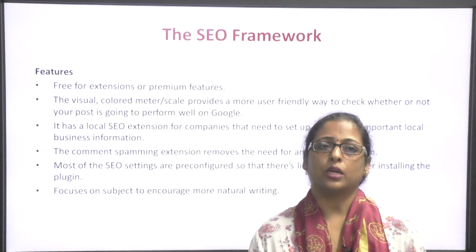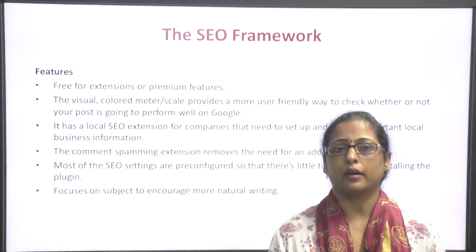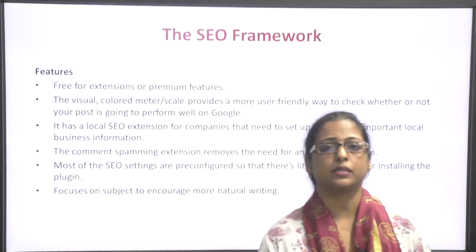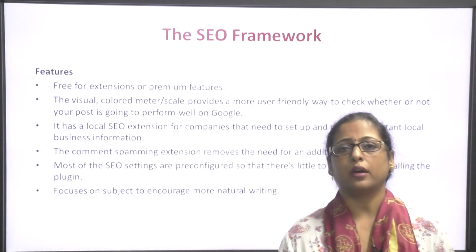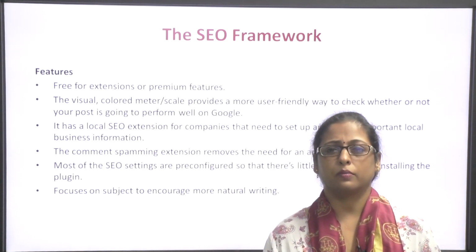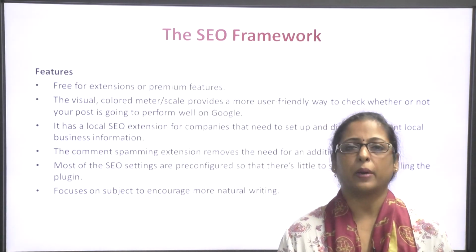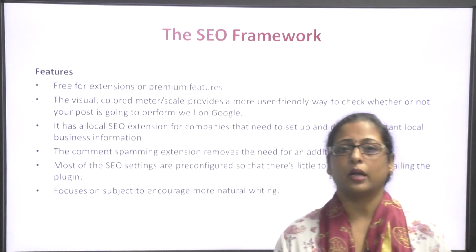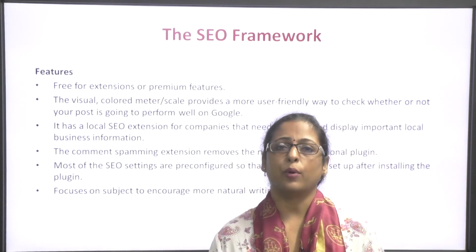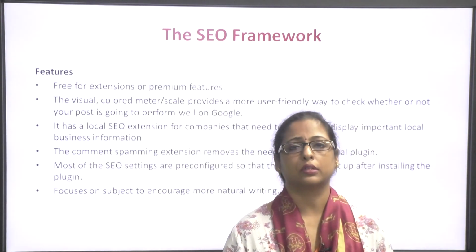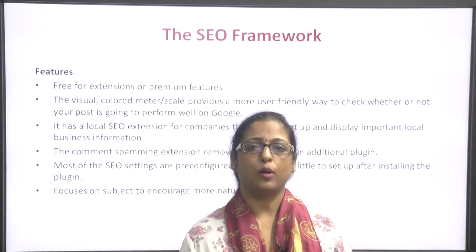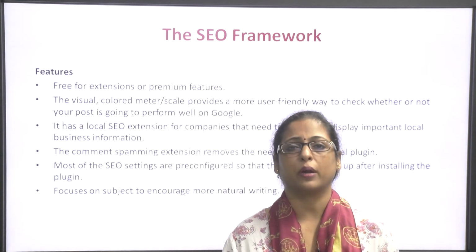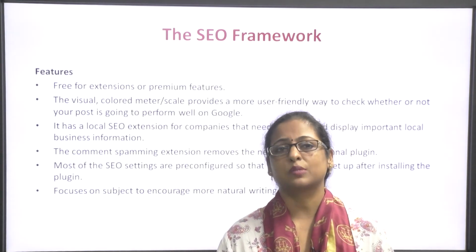Then it also helps in identifying and understanding the visuals, color meters and scales, and what is very user friendly and what is not, in order to create a better impact of the content. And it helps in understanding the places where the information can be located for a better identification or display.